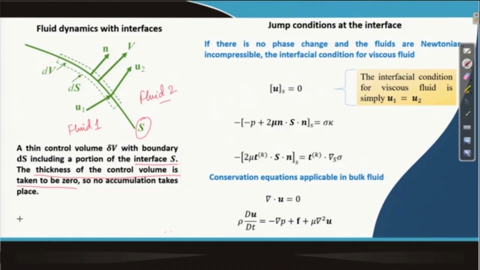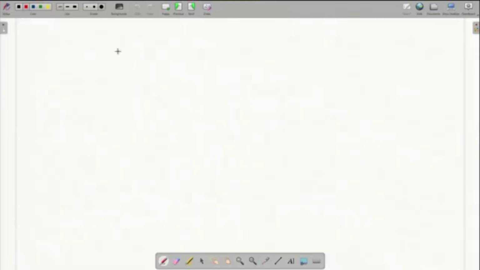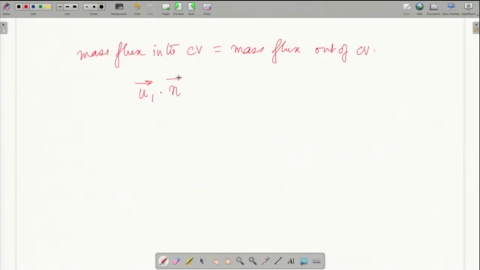Now, if that is the case, then you can very well show, in terms of say mass conservation, how it works out. If you look at the diagram, you can show that the mass flux into the control volume will be equal to the mass flux out of the control volume. You have the fluid velocity u1 on one side, in fluid region 1, which if you dot with the unit normal vector gives you the normal component of the fluid velocity in region 1.